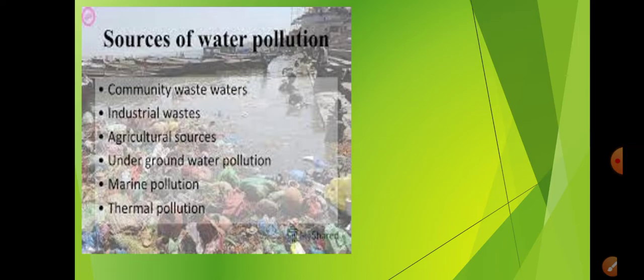And when there is watering of the plants or whenever there is rainfall, these chemicals get mixed with the rainwater and also seep into the soil, thereby entering our underground water table, and even in some cases entering the larger water bodies as well, thereby causing water pollution.